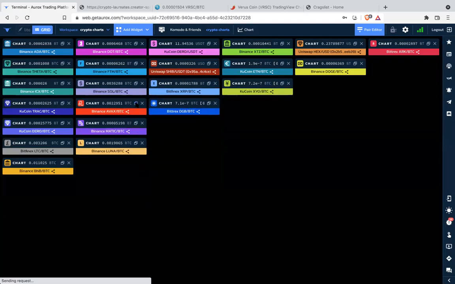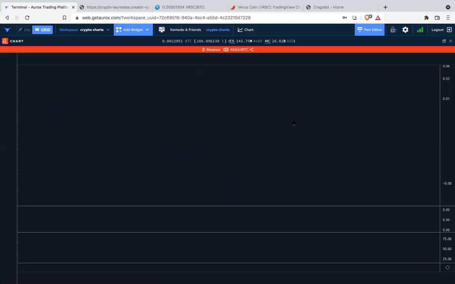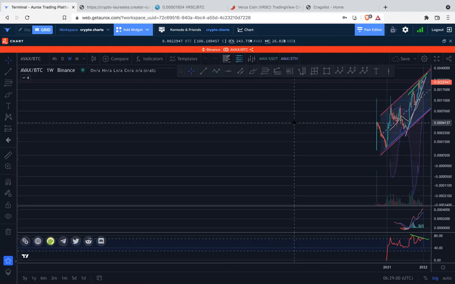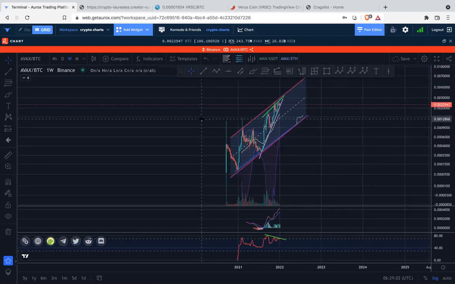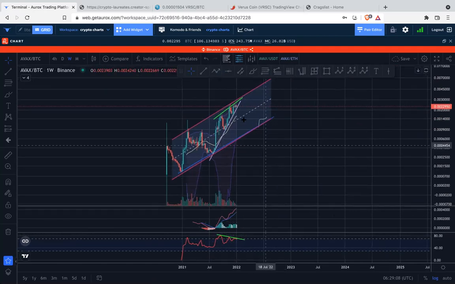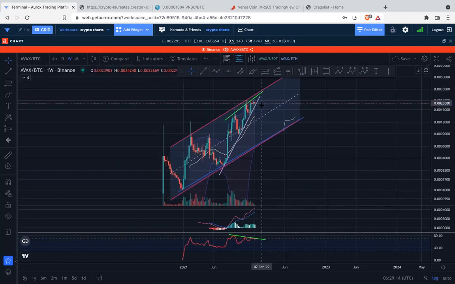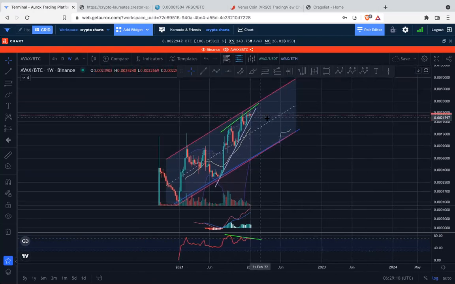We have 3 remaining. Let's go to the AVAX, Avalanche. Nearly done. Avalanche is another one showing some bearish divergence potentially on the RSI. Also not a huge fan of how the candles are closing. It might just be in an intermediate correction or going into an intermediate correction.